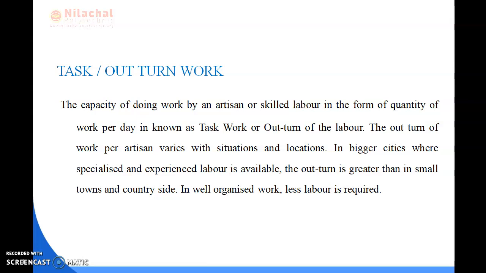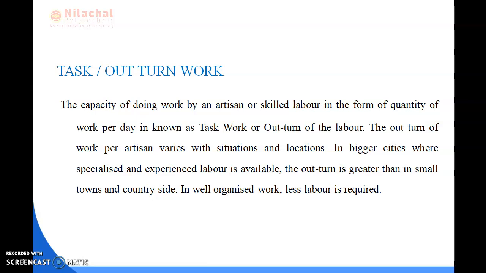the situation of the location, the site and the soil condition, it varies. So the labor work or labor outturn also varies because of the situation and different location.